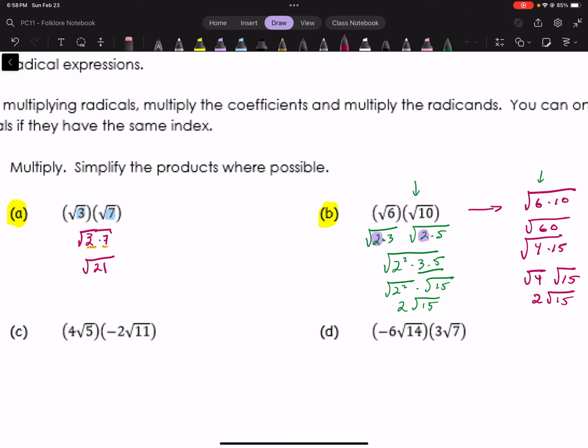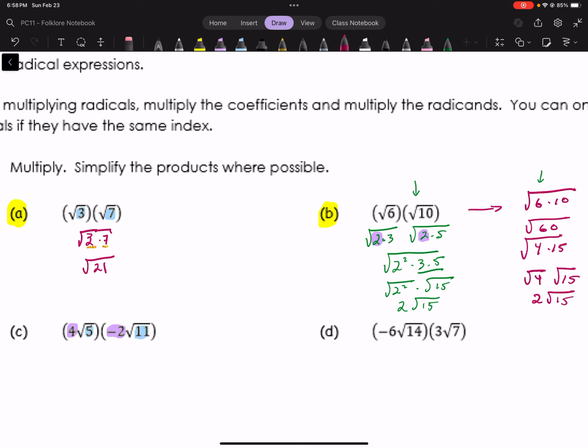An important question maybe is just going to be asking, do the radicands share a common factor? So I'm just going to multiply this, and I see we have the coefficients of -4 and 2, and the radicands are 5 and 11.